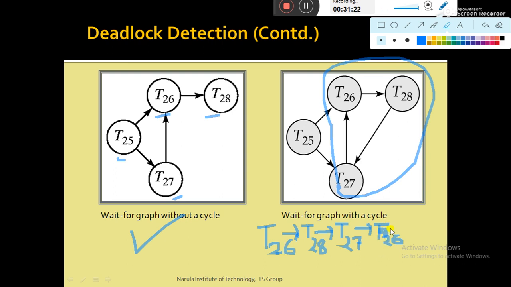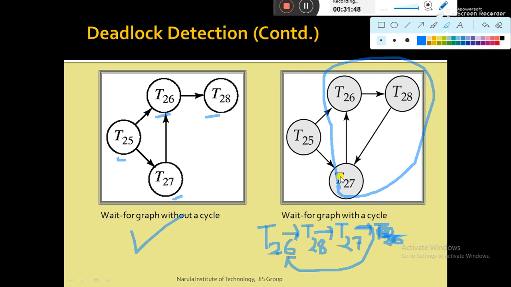So it will be not here, it will be over here. So T26 is waiting for T28, T28 is waiting for T27, and in turn T27 is waiting for T26. That means there is a circular wait among the transactions. So a cycle is there in the wait-for graph.